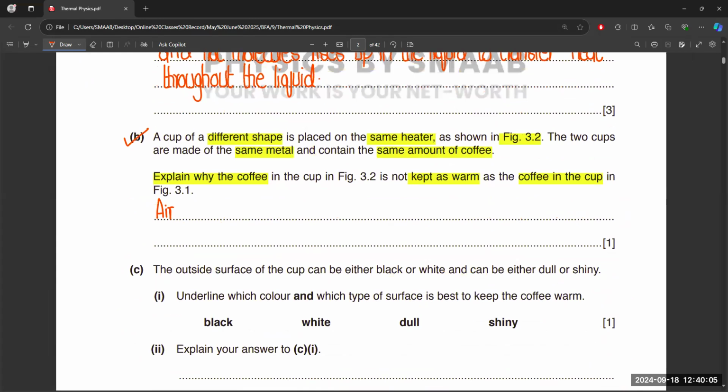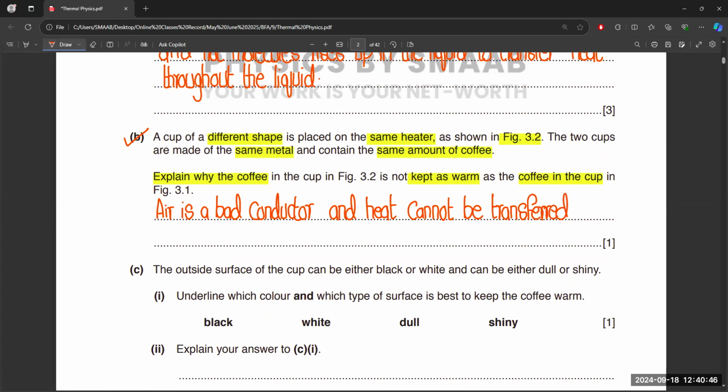So the first point is air is a bad conductor and heat cannot be transferred to the cup, right?